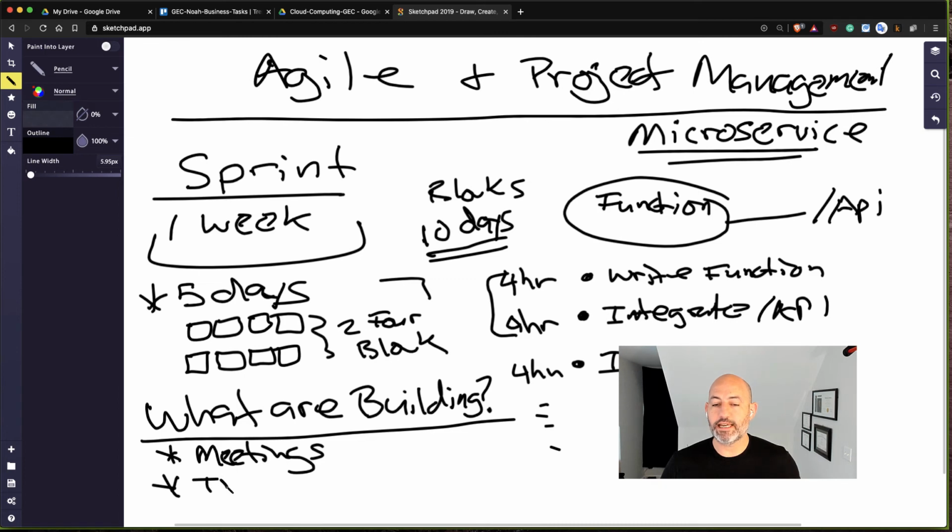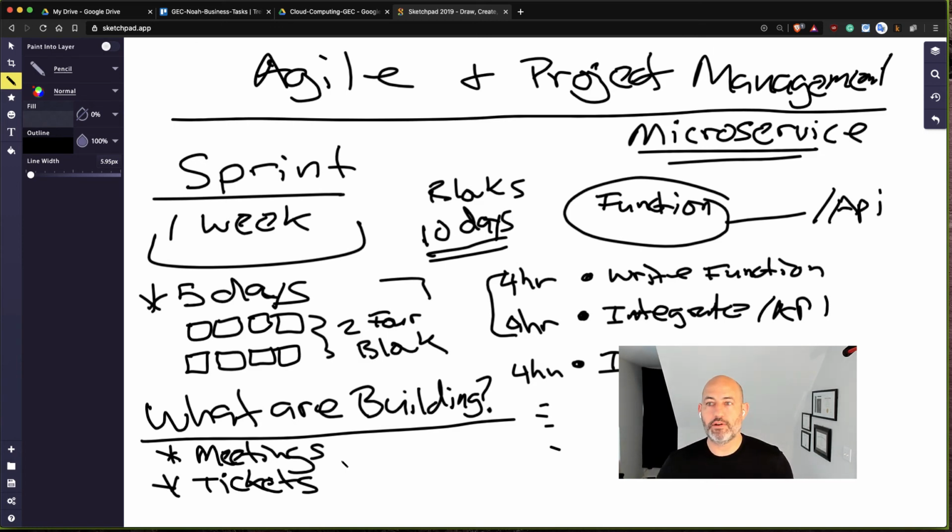Another one is tickets. This is the classic problem: someone will create a bunch of tickets in a ticketing system, saying we're going to do this, we're going to do this, and then it's an explosion of tickets. And still, what did you produce that week?